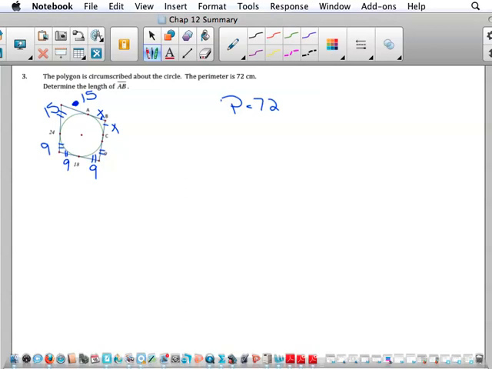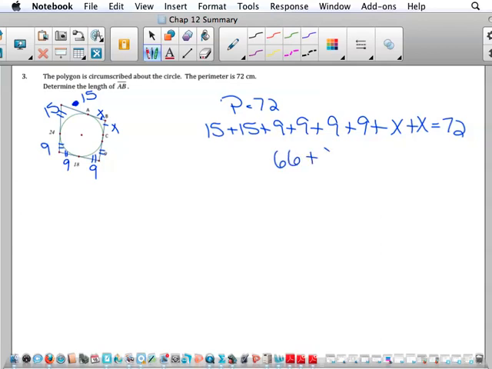So what we have is 15 plus 15 plus 9 plus 9 plus 9 plus 9 plus x equals 72. So 66 plus 2x equals 72. 72 minus 66 is 6. 2x equals 6. So x is equal to 3.